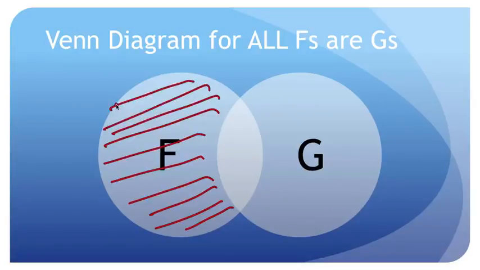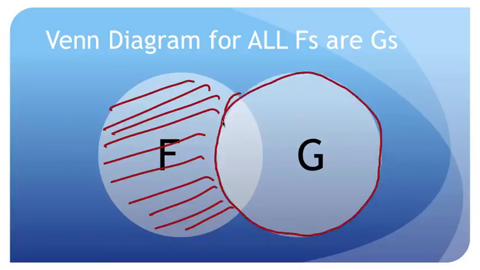So the Venn diagram for all F's are G's would look like that. Right? You'd be saying, whatever F's there are, they've got to be in here. Right? There can't be any outside there. So that would be the Venn diagram for all F's are G's, or a proposition of the A form.